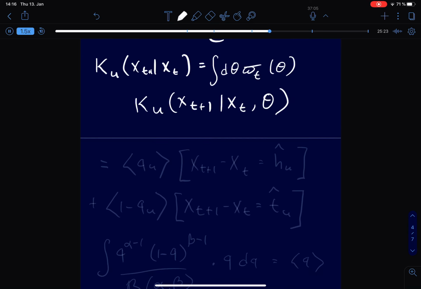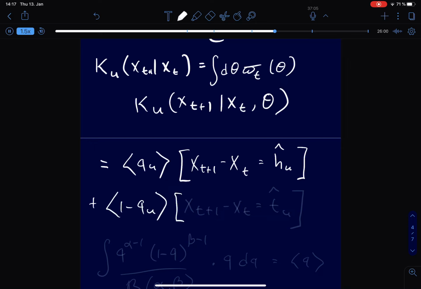So this is equal to the average of q u times this Iverson bracket. And these averages can be taken analytically.